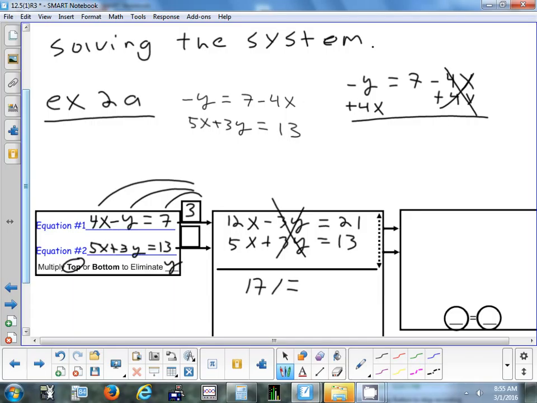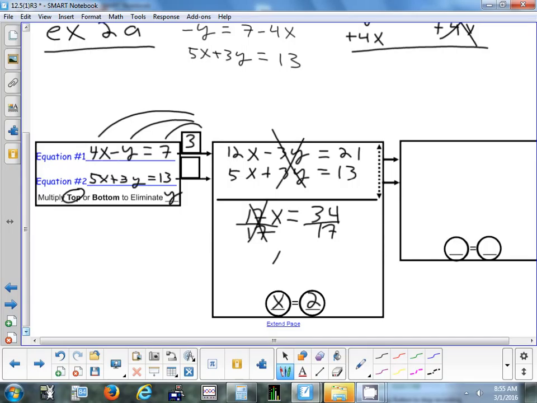Yep. 17x. Zach, what's 21 plus 13? 34. Good. And does anybody know what x is going to equal here? It's going to come out nice. Yeah. If you divide by 17, x equals, let's put it in the box, x equals 2.